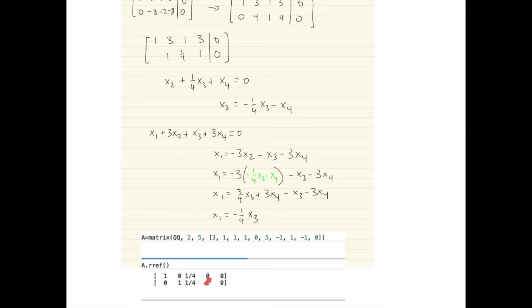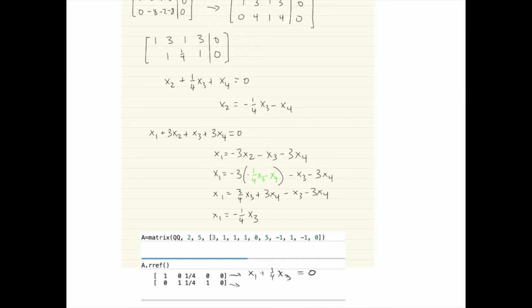and it gives me this, and this translates to x1 plus 0 x2 plus 1/4 x3 plus 0 x4 equals 0. That's what the first row translates to.